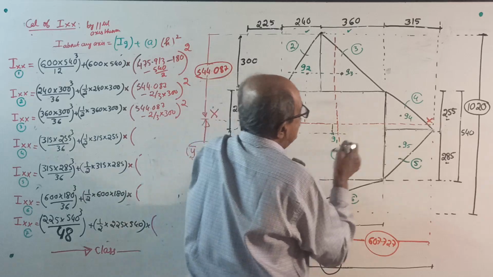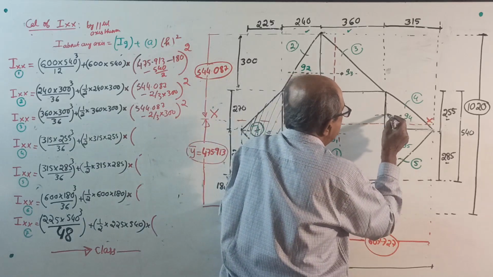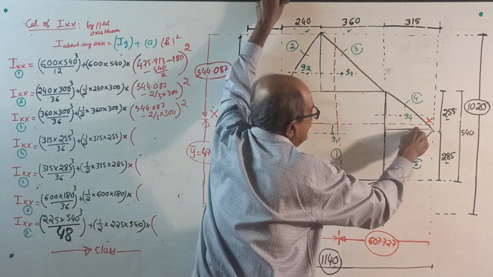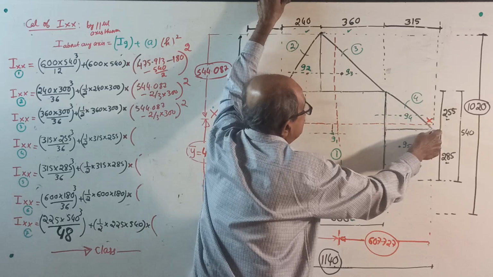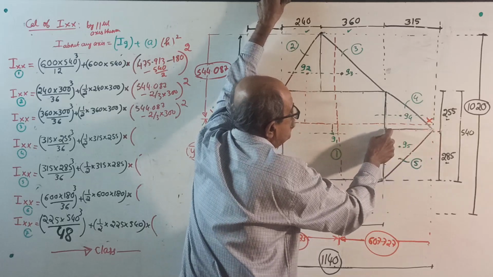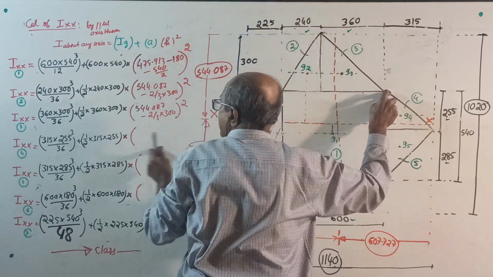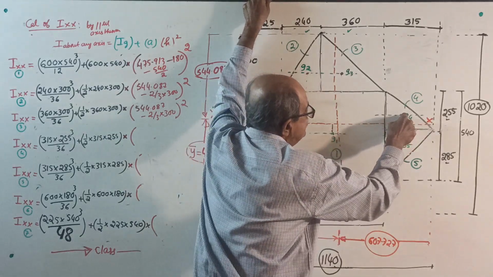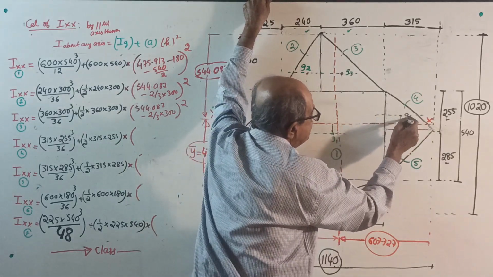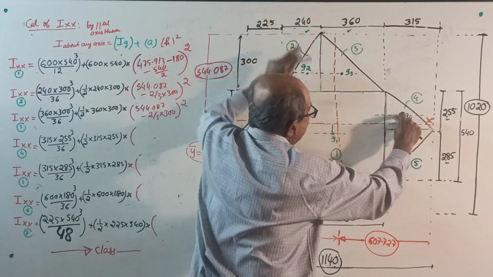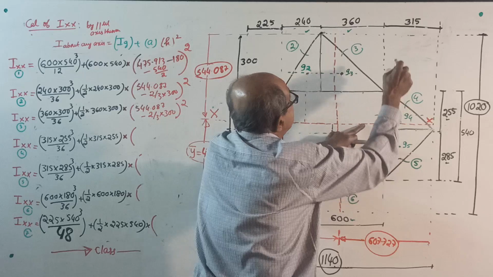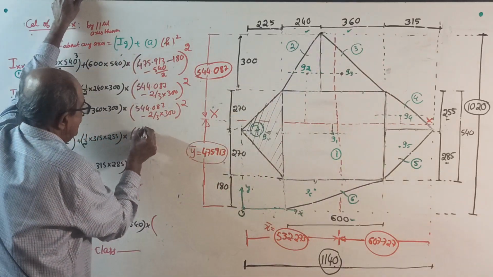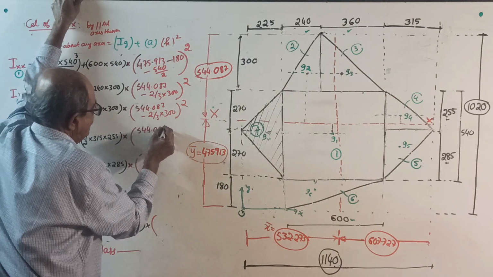Fourth one, I about its own centroidal axis. For this triangle, the parallel side is 315: 315 into 255 cube by 36 plus area into this distance square. That distance square, from here to the extreme top, is 544.087.